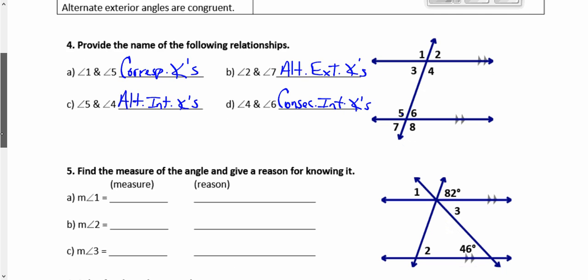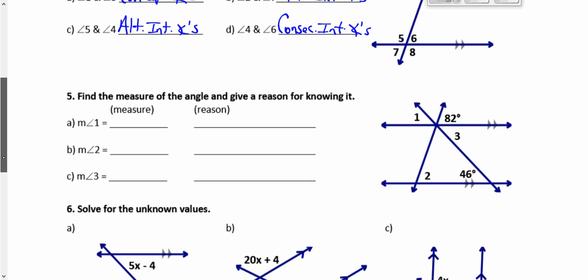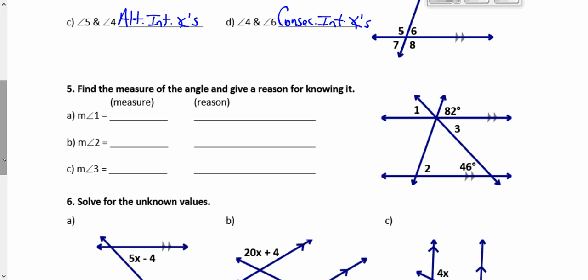All right, for this next section here, we're going to find the measure of an angle and give a good reason for it. Now, these reasons you want to think about because we'll be using them for proofs. Each of our reasons here depends on the two lines being what? Parallel. I don't want to write it every time because they didn't give us a whole lot of space.